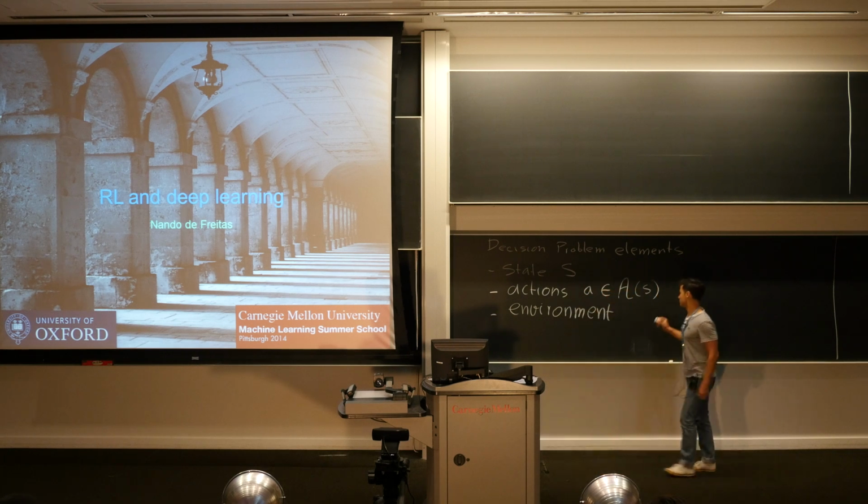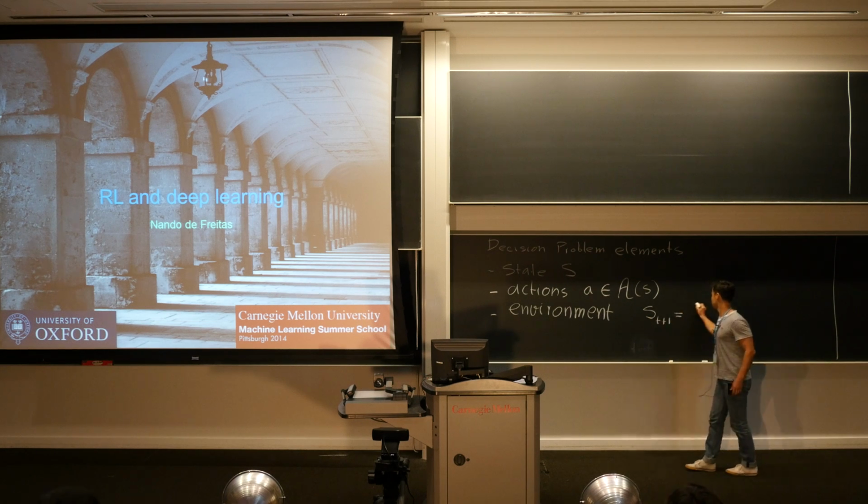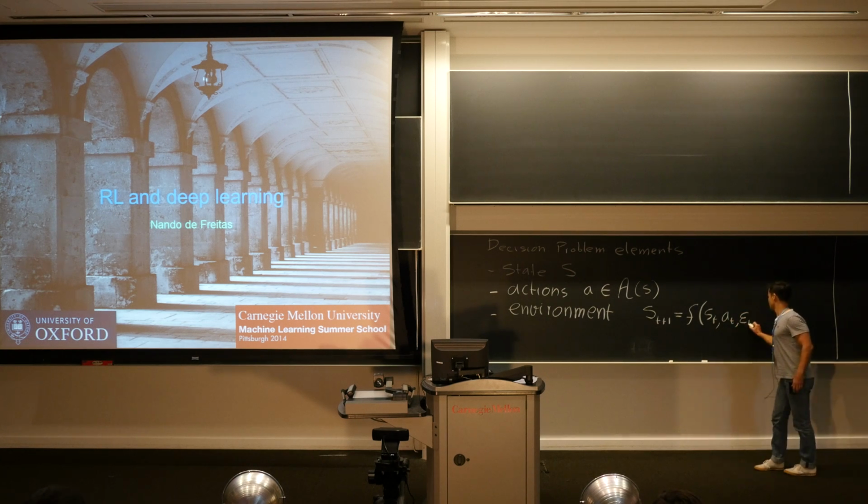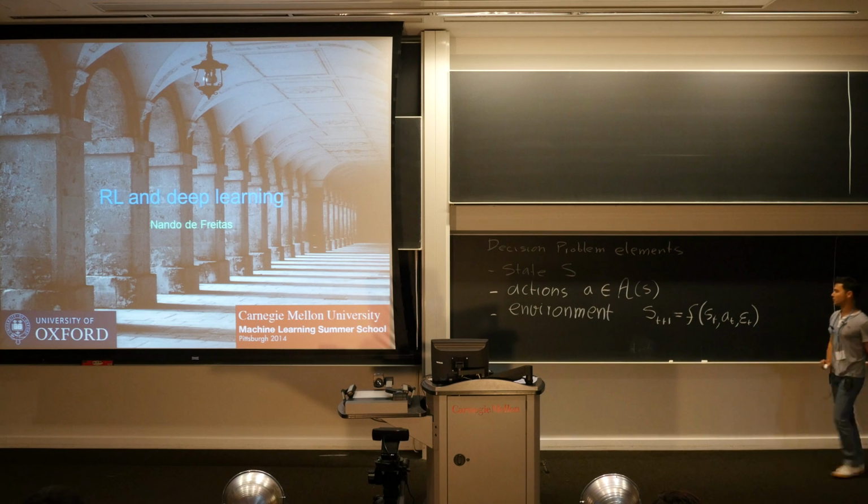And I will assume that that environment makes the state change. And in particular, that environment will be stochastic, where I'm going to have a noise variable which could depend on the previous action and state.